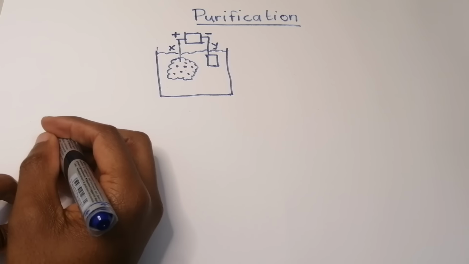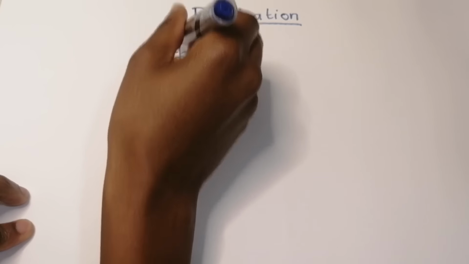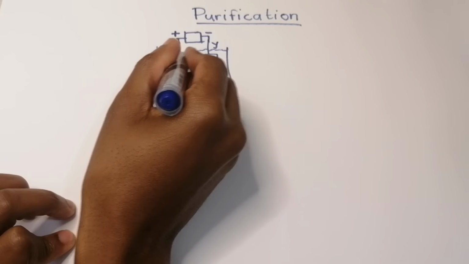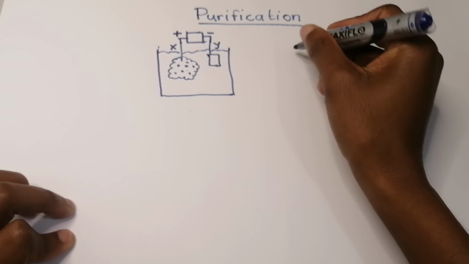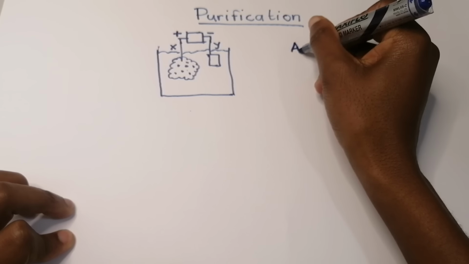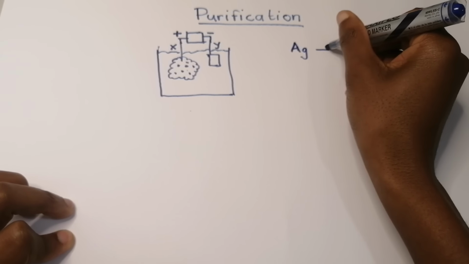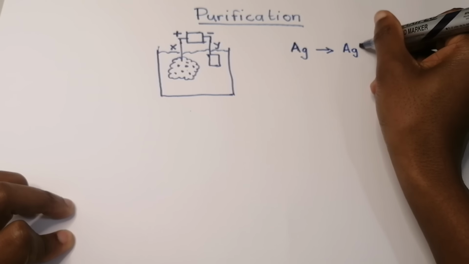Now what would happen at electrode X? Please note you've got pure silver over there. At electrode X, the positive electrode, you'll have silver begin to break down and form silver ions.